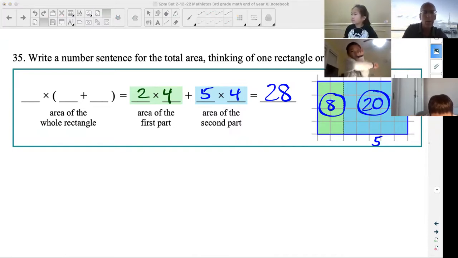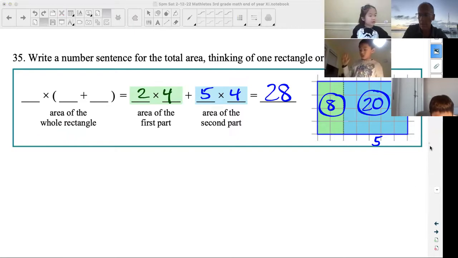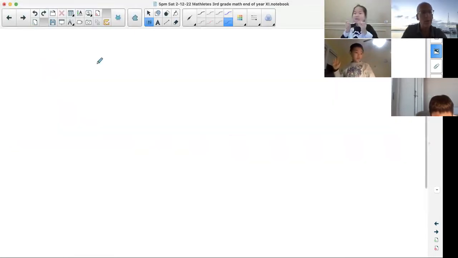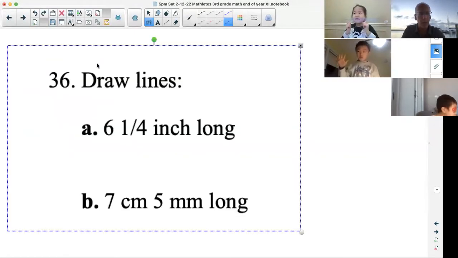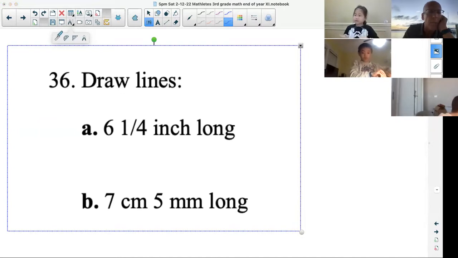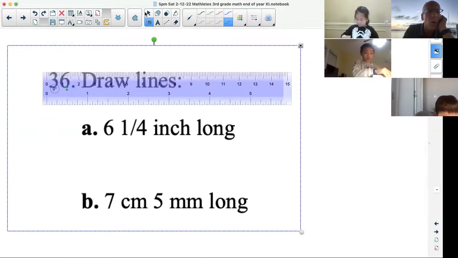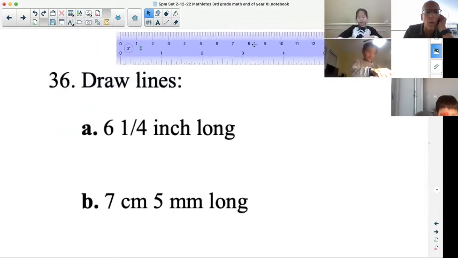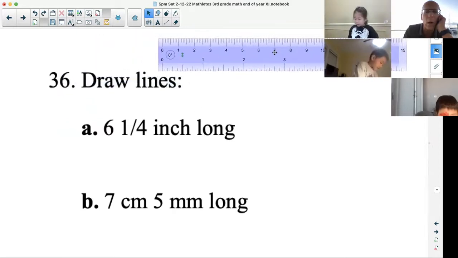All right, now, does anybody here have a ruler that does inches and centimeters? All right, now, I want you guys to watch this. I'm going to create a ruler on my screen, and we're going to draw a line that is 6 1/4 inches.